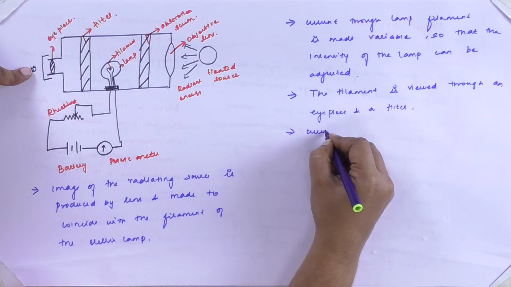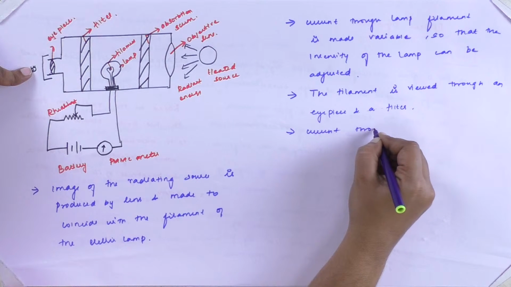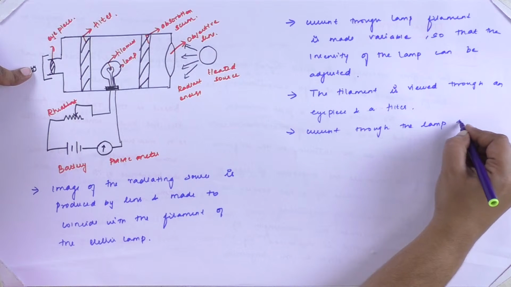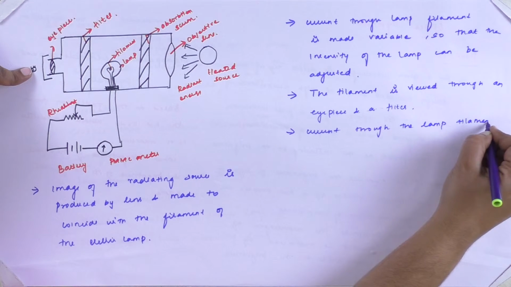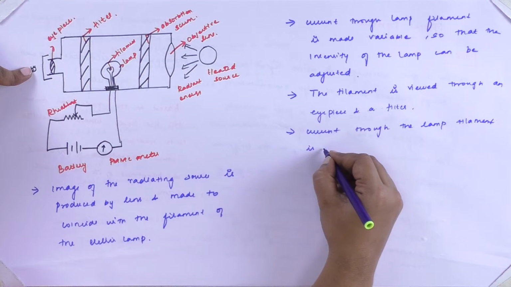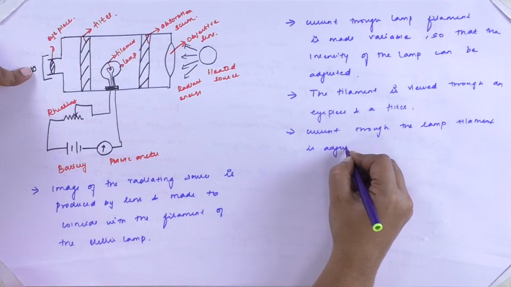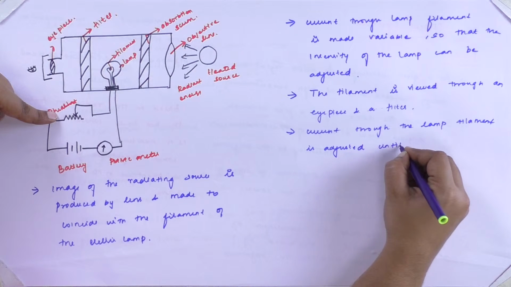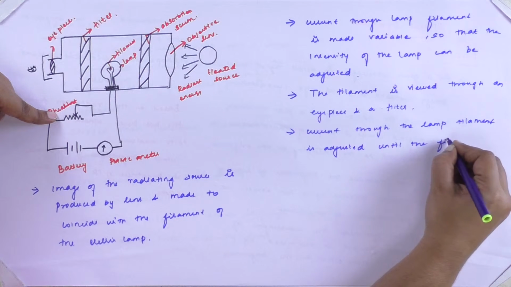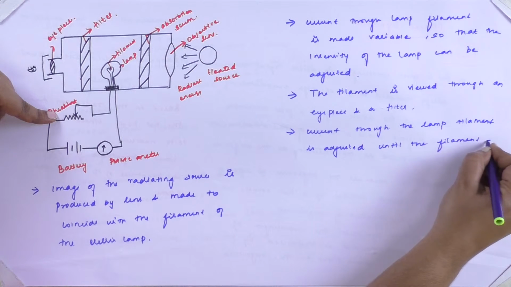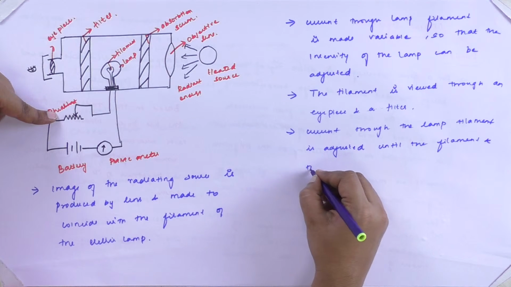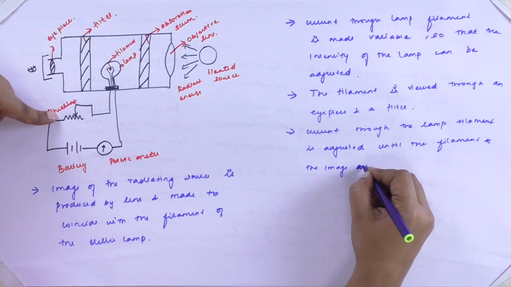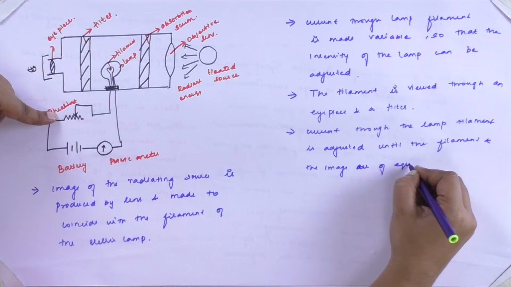And also the current through the lamp filament is adjusted with the help of the variable rheostat until the filament and the image are of equal brightness.